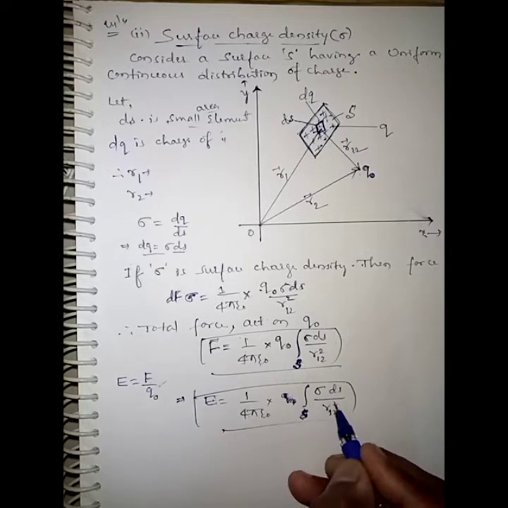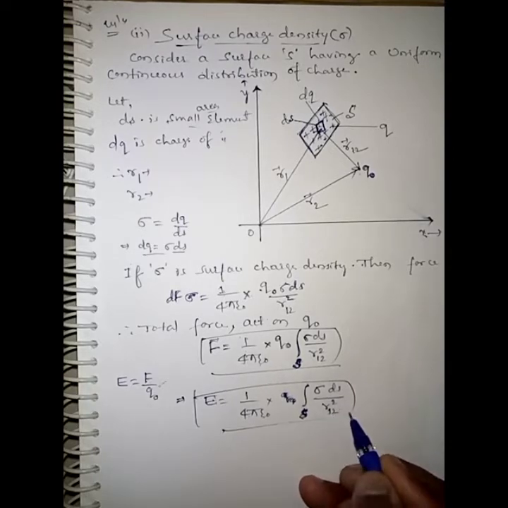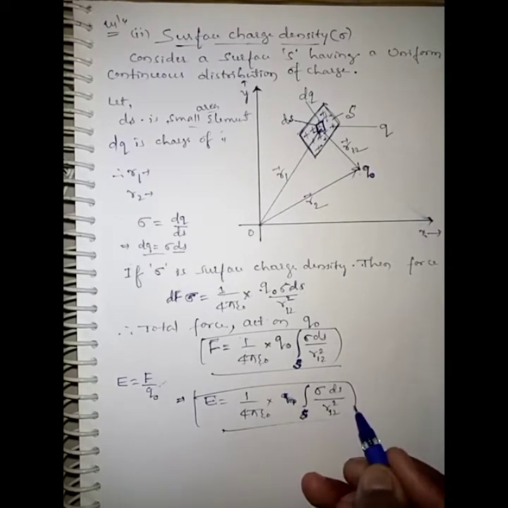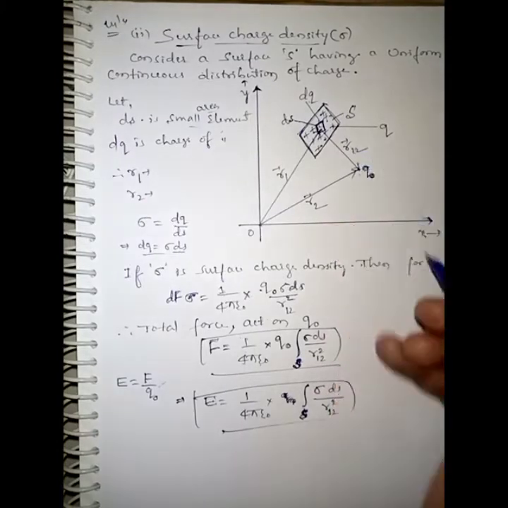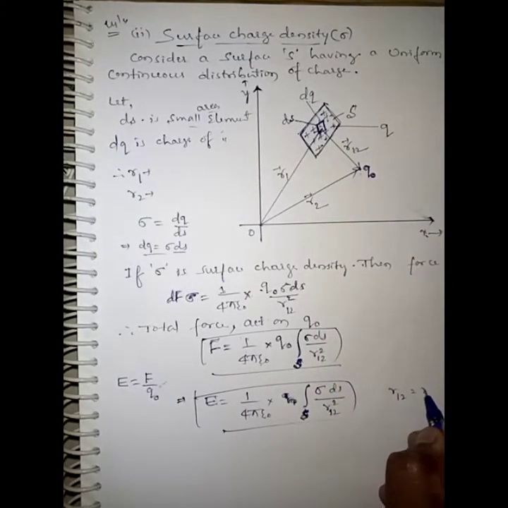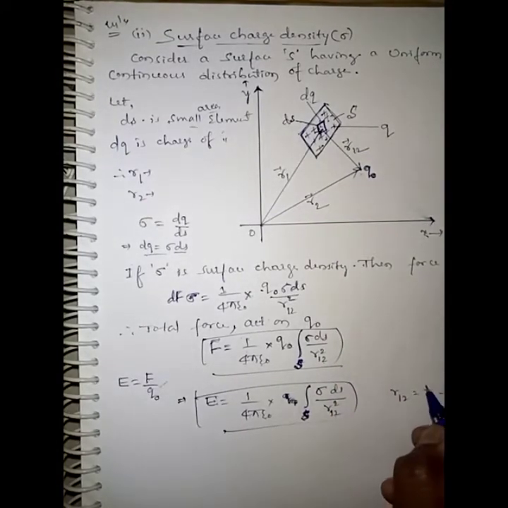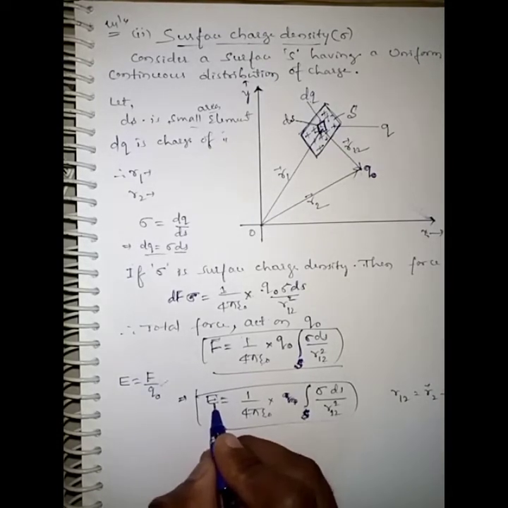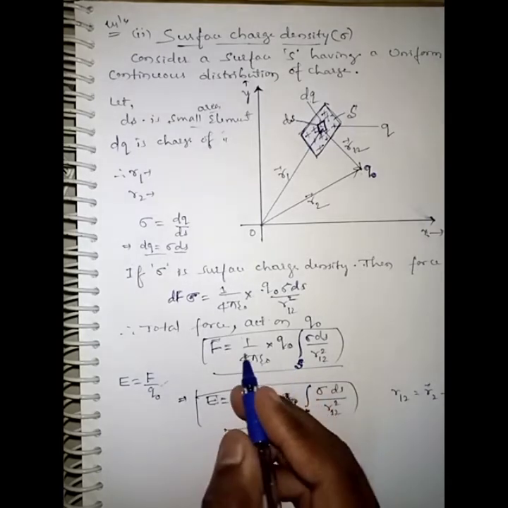Here also r12 is the resultant vector; by using the vector law of addition, r12 is equal to r2 minus r1. Now this is the expression for electric field and the earlier one is for force.